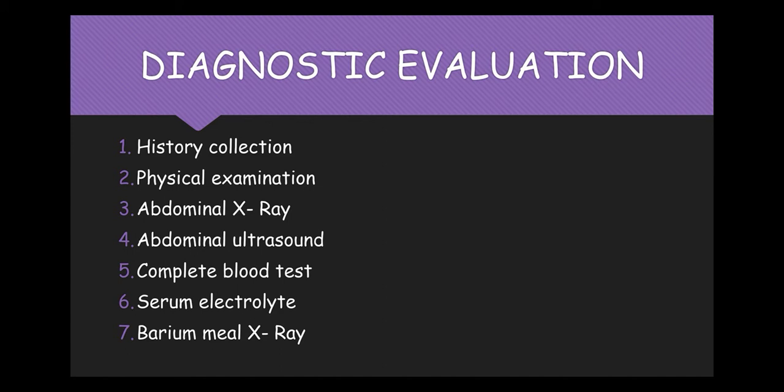This procedure involves drinking a white liquid called barium and then x-ray pictures are taken. A barium meal x-ray study reveals delayed emptying of gastric content as well as narrowing of the pylorus, which confirms the disorder.